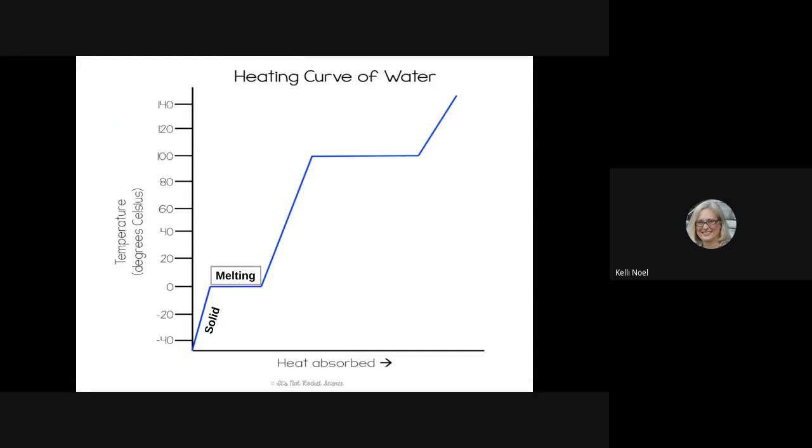Liquid is the next slanted line. And then we have boiling, which we could also call heat of vaporization. And then you have your gas. Do you write it down? Yes, you need to know that those are interchangeable there.